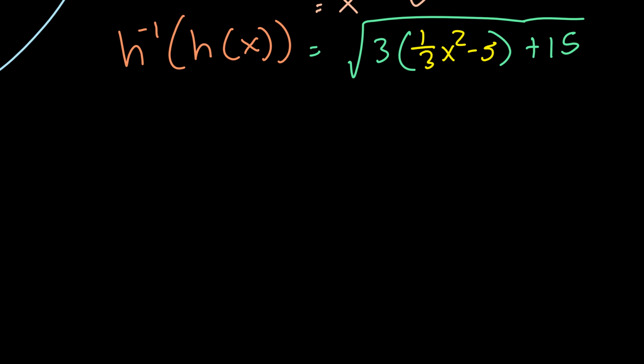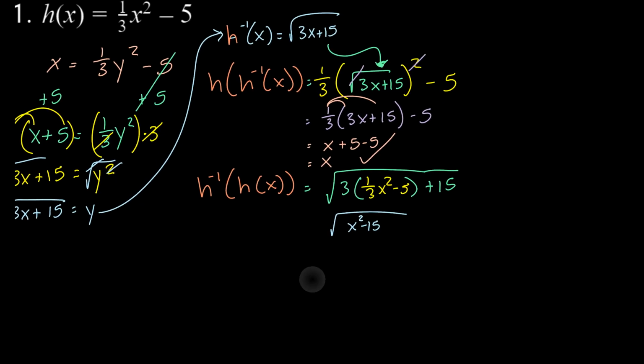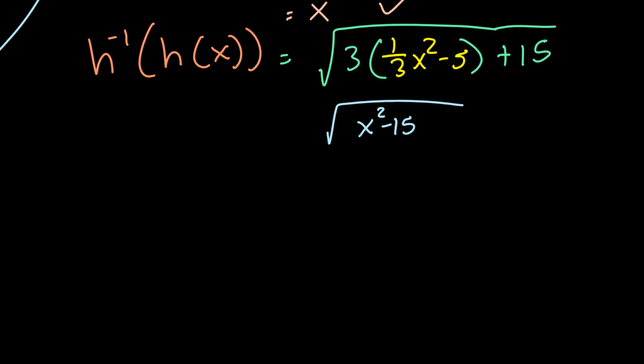Yes, so here you distribute the 3 to both. What's 3 times 1/3? 1x squared, good. And 3 times negative 5 is negative 15, plus 15.